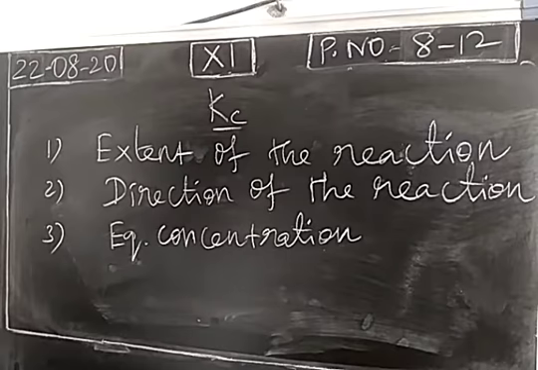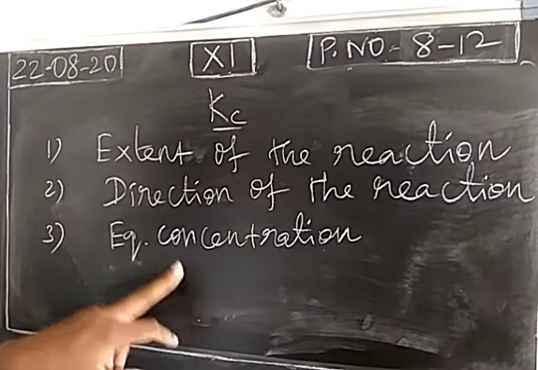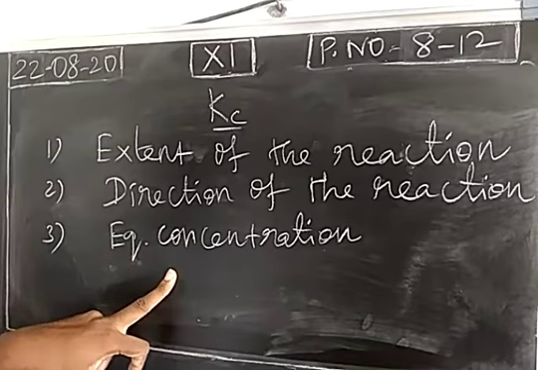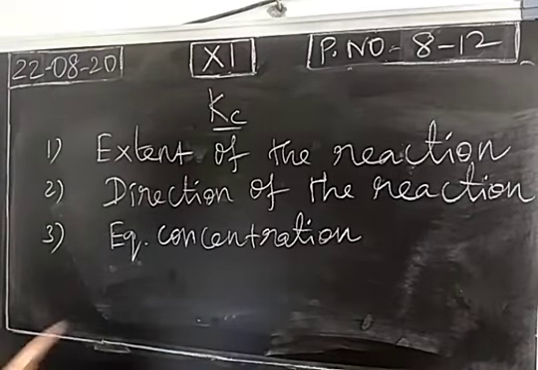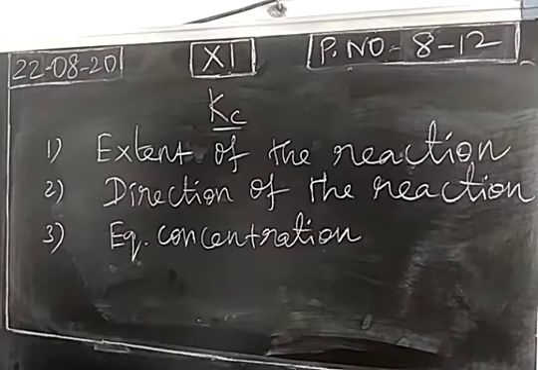It's called the initial concentration. If the reaction is completed, product will have a concentration. If equilibrium is reached, it means we will have both reactant as well as product in the mixture. We call it the equilibrium mixture. So at equilibrium, we can find the equilibrium concentration of reactant and the product using the Kc value. So these 3 are the applications of equilibrium constant.